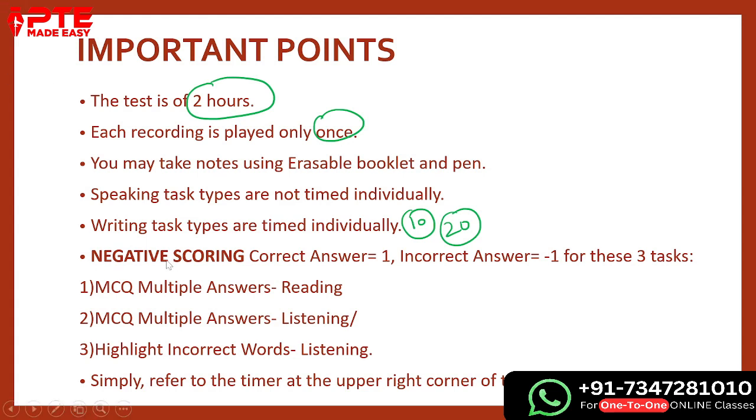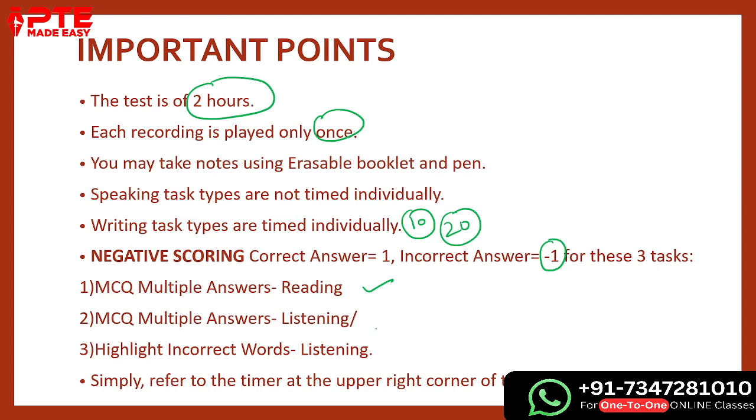Now, negative scoring, the most important thing. Most of the learners out there do not know that some of the tasks are given negative scoring. For these 3 tasks, you get 1 for a correct answer and -1 for an incorrect answer. But for all the other tasks, you simply get 1 or 0, 1 for a correct answer and 0 for an incorrect answer.